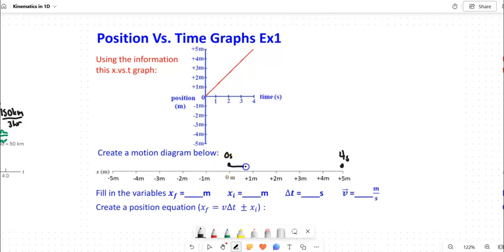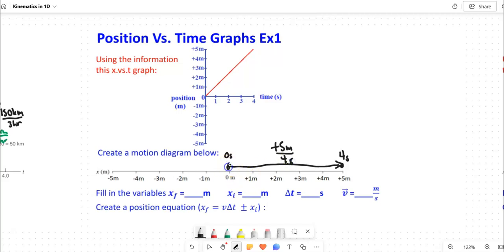So it started here, you go with time, it ended right here, that's the arrow of time, and that's also the displacement. The displacement is going to be positive 5 meters minus 0 meters over the period of 4 seconds. So in other words, you started here and you ended at 1, 2, 3, 4, 5 meters to the right. So the velocity of this is positive 5 meters over the period of 4 seconds.